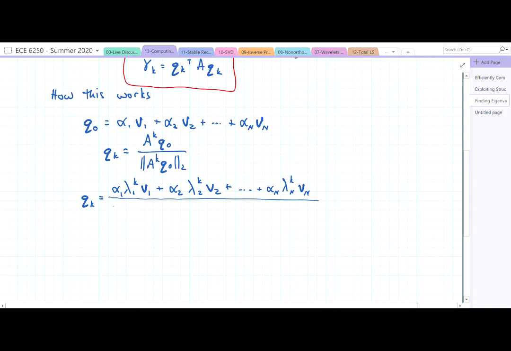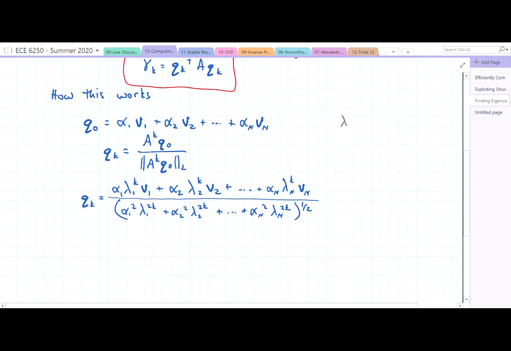And then we normalize that. So we get alpha 1 squared lambda 1 to the 2k plus alpha 2 squared lambda 2 to the 2k, all up to alpha n squared lambda n to the 2k, and we take the square root to find the norm.